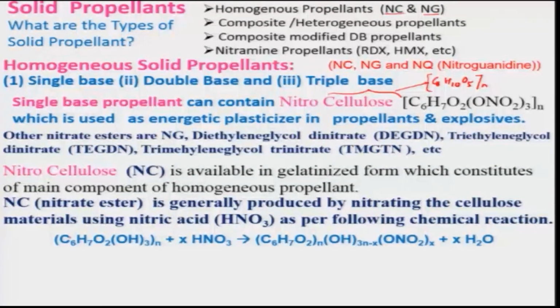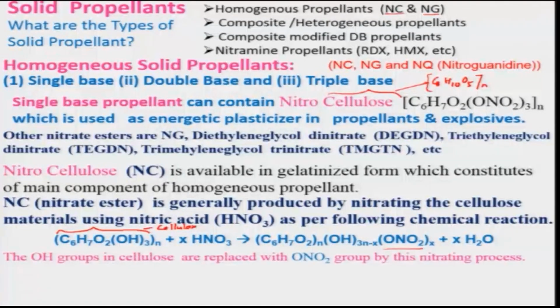Suppose this is your cellulose, and when it reacts with x moles of nitric acid, what will happen? The OH radical will be substituted by the ONO2, that is the nitrate radical, and as a result you will get this formula, C6H7O2, with x moles of ONO2 replacing OH, and then you will get x moles of water.